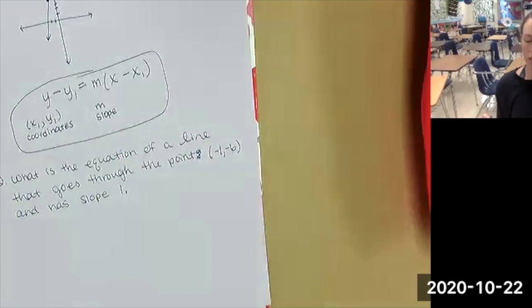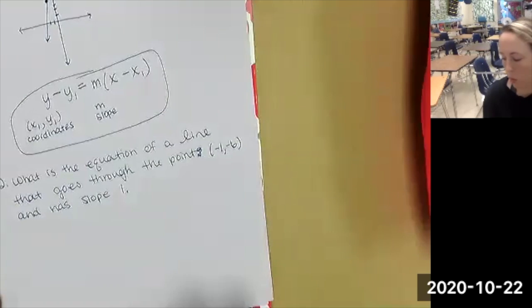Okay, so what is the equation of a line that goes through the point -1, -6, and has slope 1?